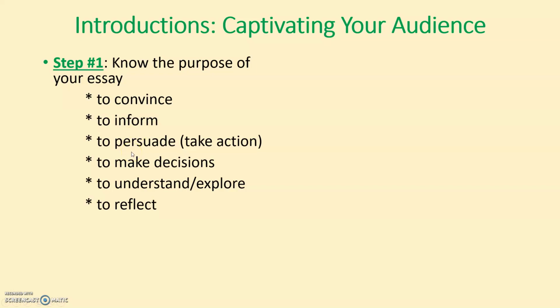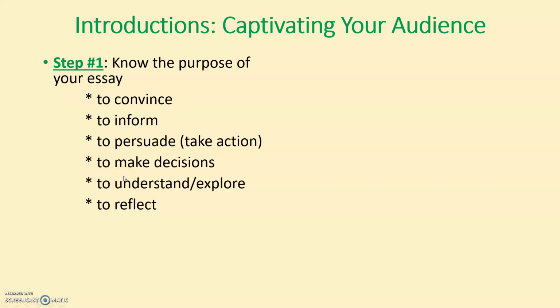Number 3, does your teacher want you to persuade your audience? The difference between convincing your audience and persuading your audience is that persuasion leads to action. When you convince your audience, they agree with you at the end, but you're not really asking them to take any action. For persuading them, you are asking them to take action.